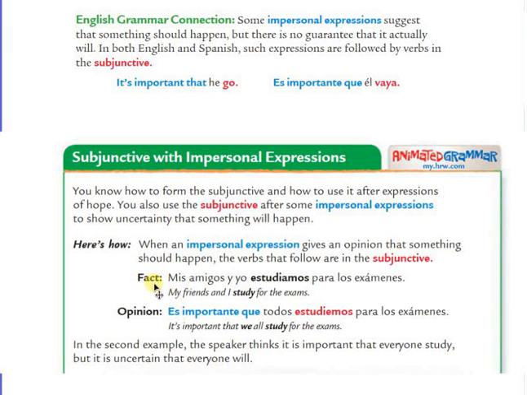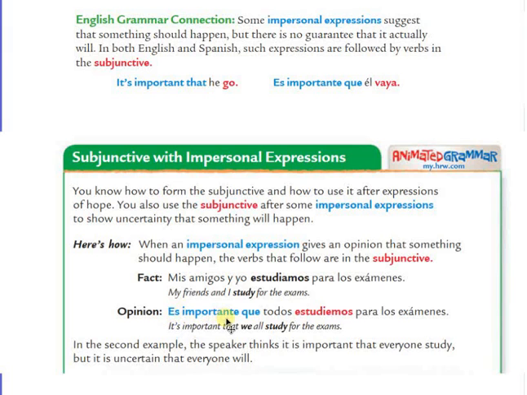Look at the difference. This is a fact. Mis amigos y yo estudiamos para los exámenes. It's a fact. But watch this other example. When I give my opinion that it's important, or I suggest, or I give a piece of advice, I have no guarantee that that will happen.